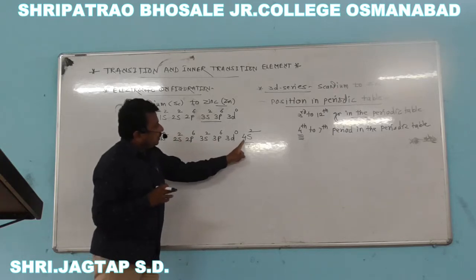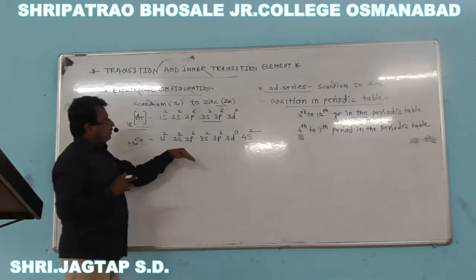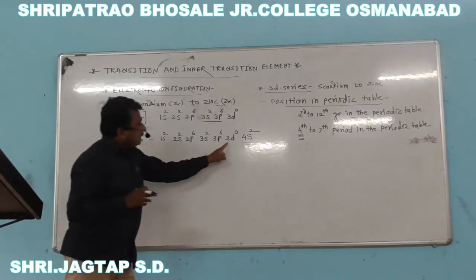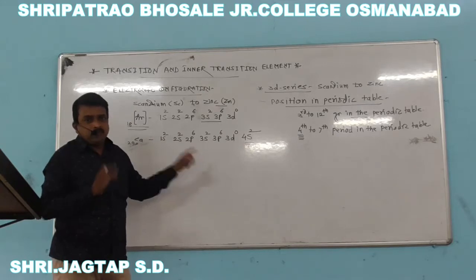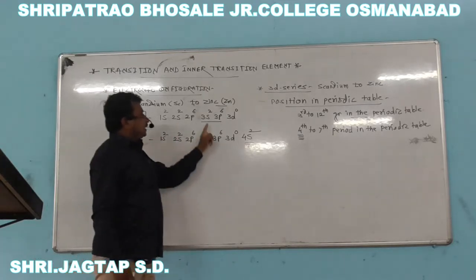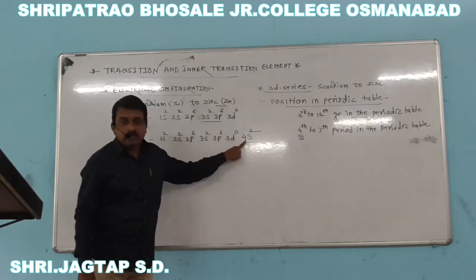Here the principal quantum number is 4. In its electronic configuration the 3d orbital is empty. The electronic configuration of calcium is 1s2, 2s2, 2p6, 3s2, 3p6, 3d0 and then 4s2.